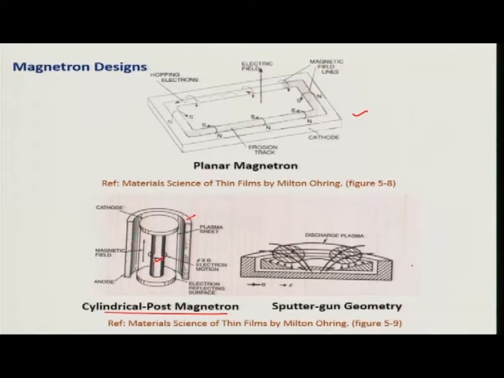This is a sputter gun geometry, slightly better optimized compared to this, and you can see that at any given point the design is such that magnetic fields and electric fields are at right angles, and force electrons in a circular path where they create the plasma.